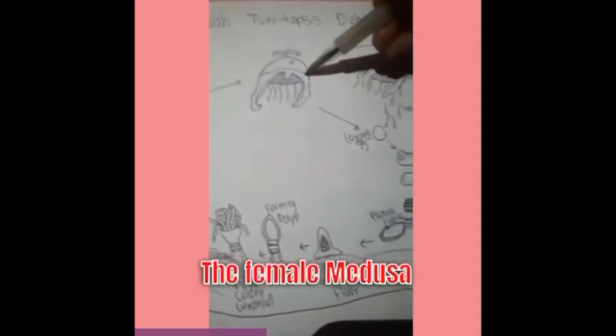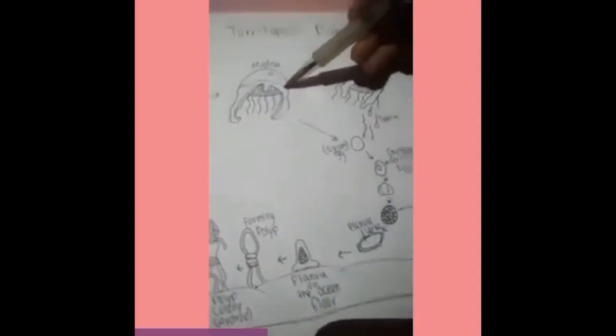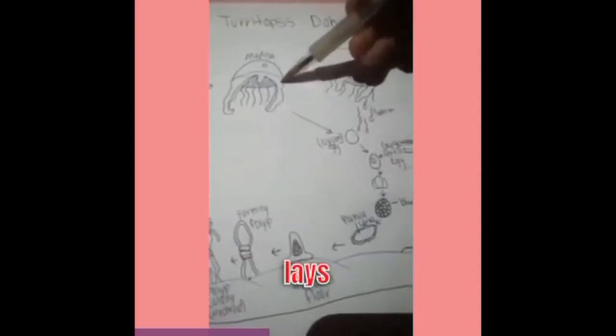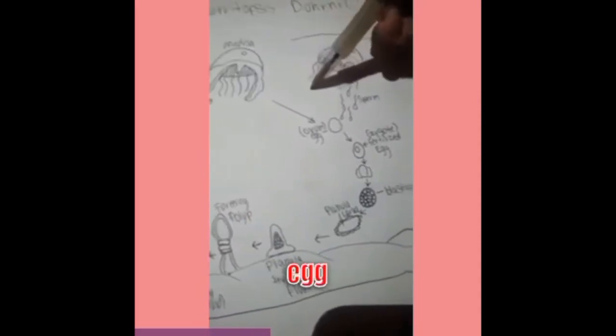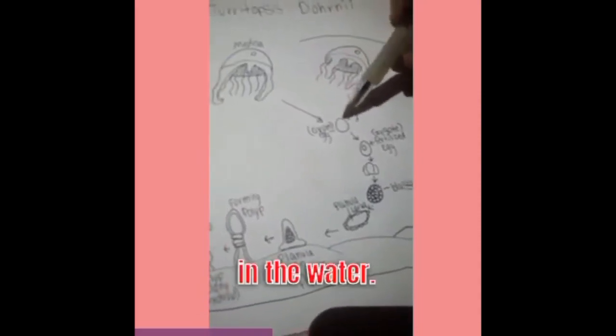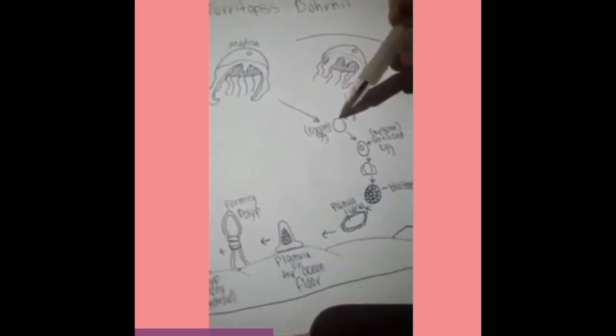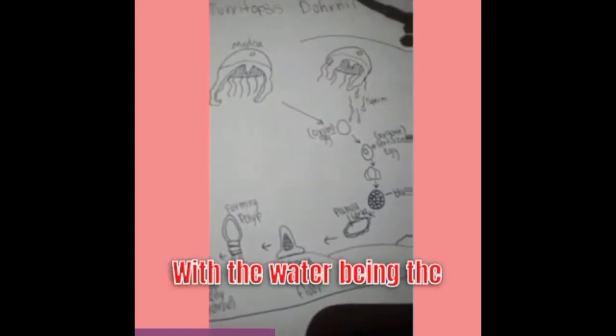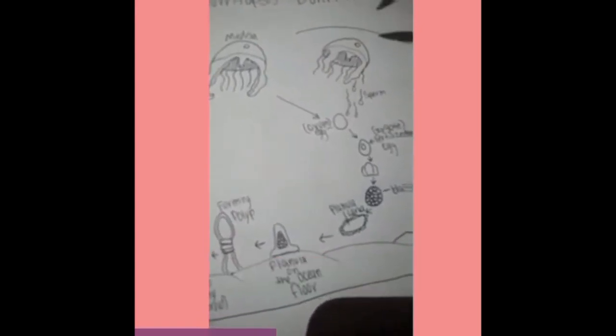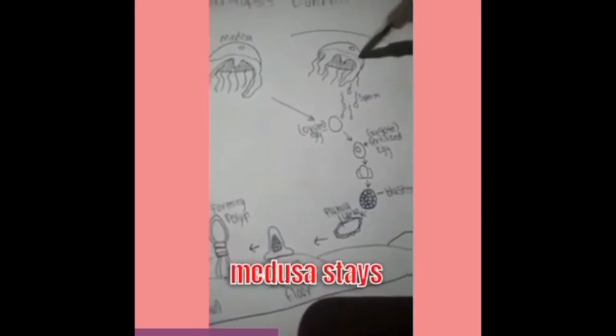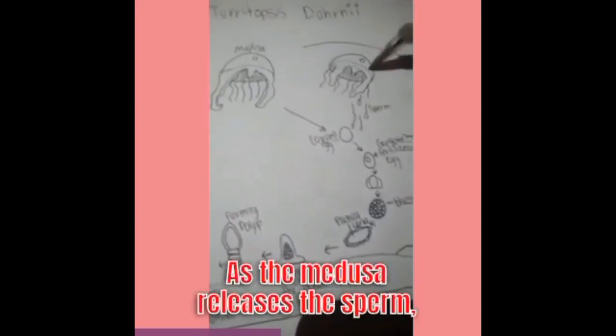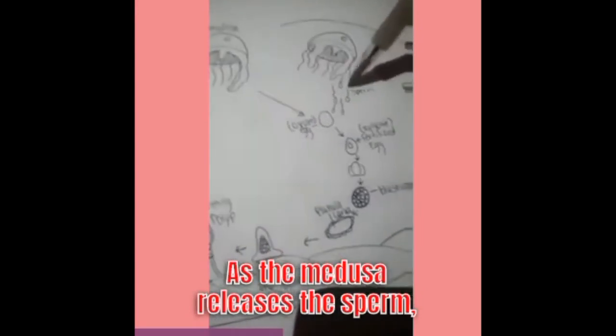The female medusa lays the ovum, the egg, in the water, with the water being the structure. The male medusa stays firm as the medusa releases the sperm.